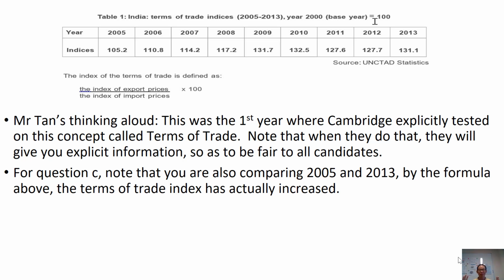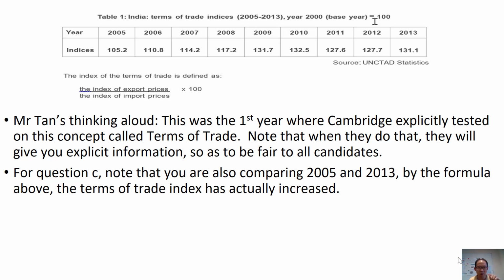So don't worry. In the A levels, when you see something new being asked that your HCI notes don't have, don't be so upset. It's not HCI's fault. They want to see how students can think on the spot.